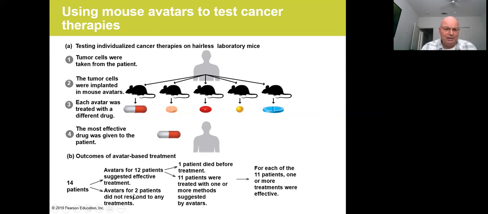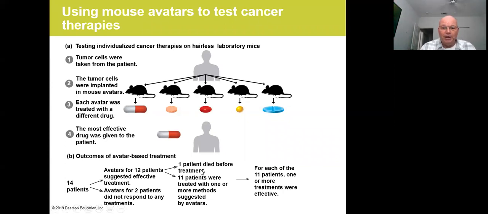So in the particular study that's referenced in the textbook, 14 patients had tumor cells taken from them and placed on the mouse avatars. Of the 14 patients, unfortunately, 2 patients did not respond, or the tumors in the mice did not respond to any of the treatments. So there was nothing that could be done for those 2 patients, based on this study at least.